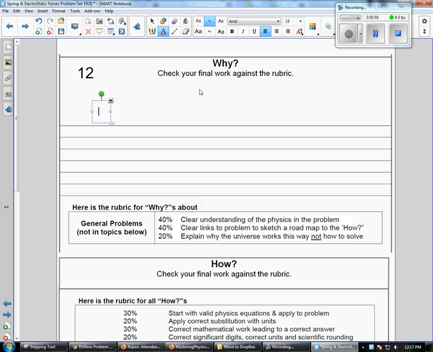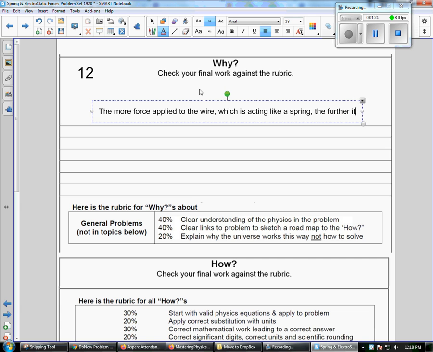Alright, so the more force applied to the wire, which is acting like a spring, the further it will stretch.